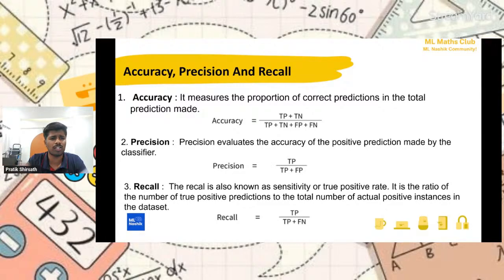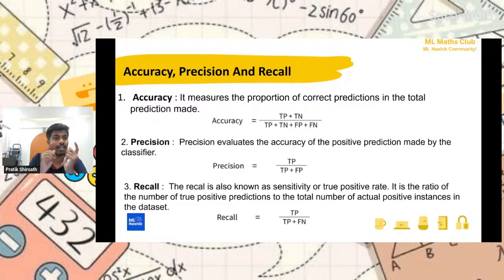Accuracy, again, the bookish knowledge: it measures the proportion of correct predictions in the total predictions. Basically it is a ratio of correct predictions to the total number of predictions.